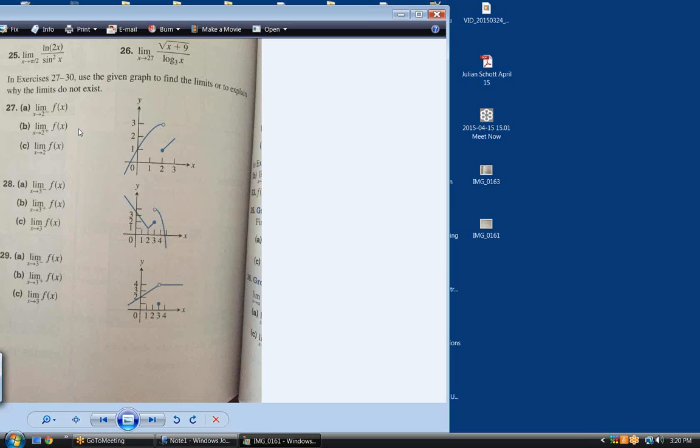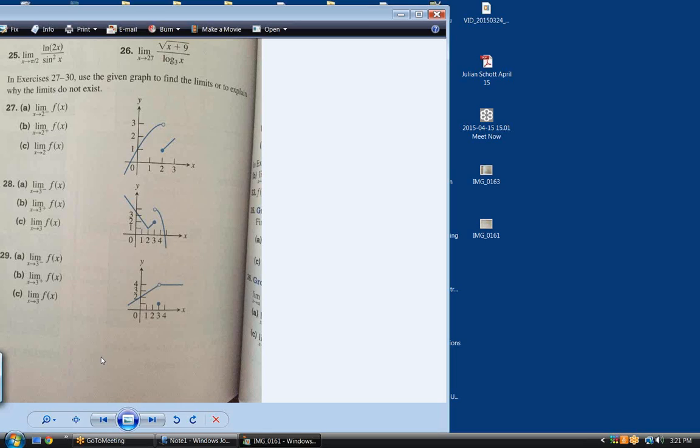So what's the limit as x approaches 2? It doesn't exist. Right. Because the limit from the left is different from the limit from the right. 28. So we approach 3 from the left. It's 2. From the right, 4. Therefore C does not exist also.